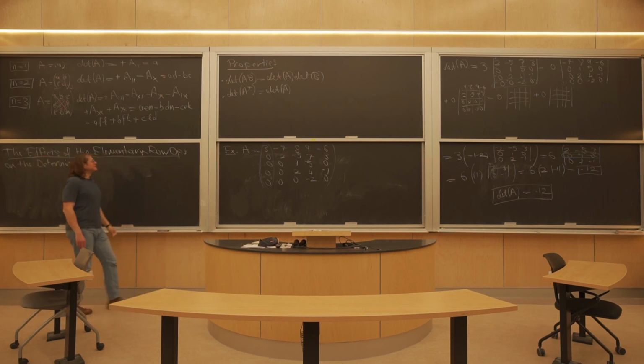So we had three types of row operations. Does any of you remember any one of them? What they were called or how I can describe them? Interchanging two rows. That's one. We need two more.